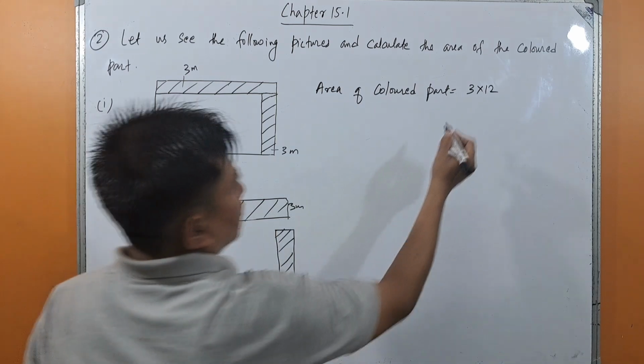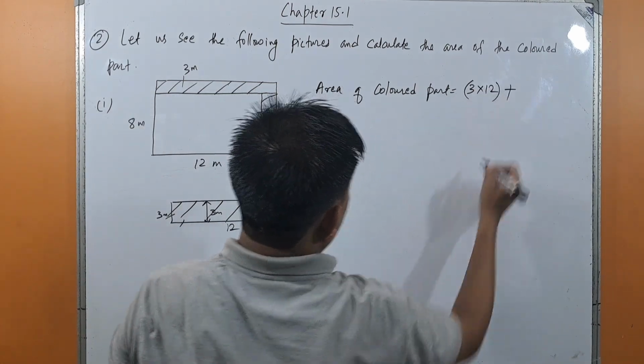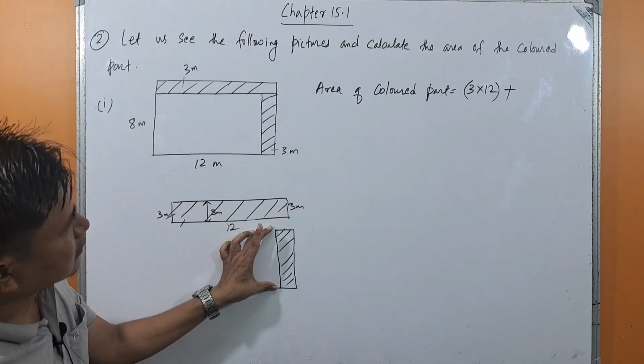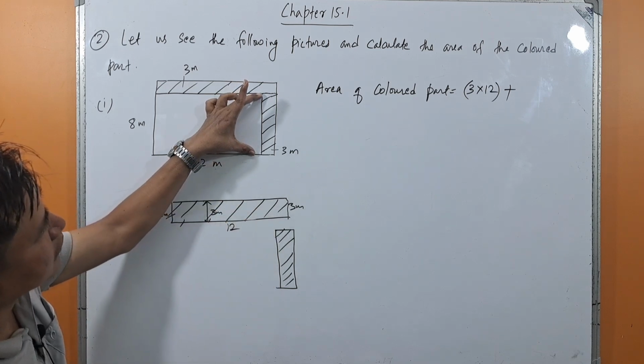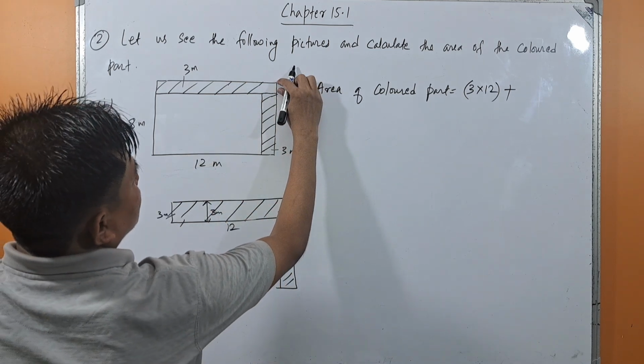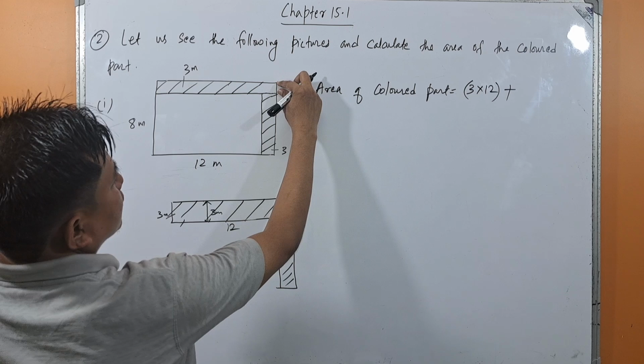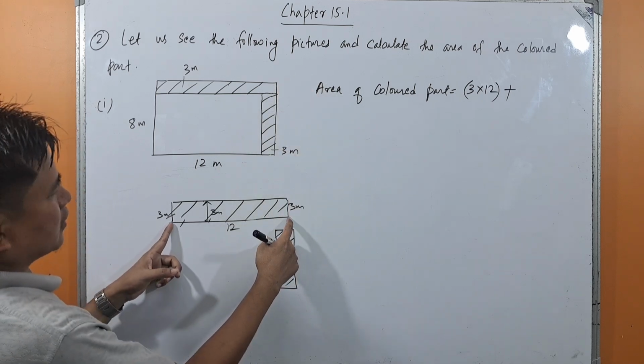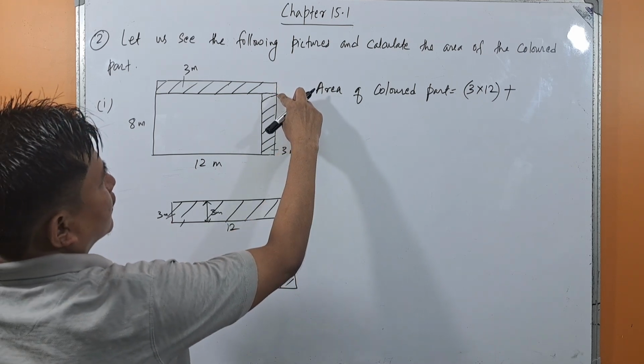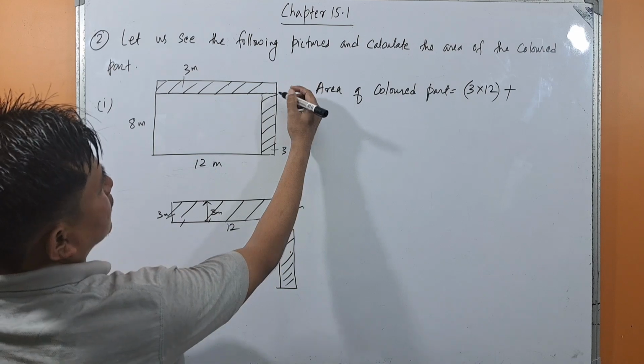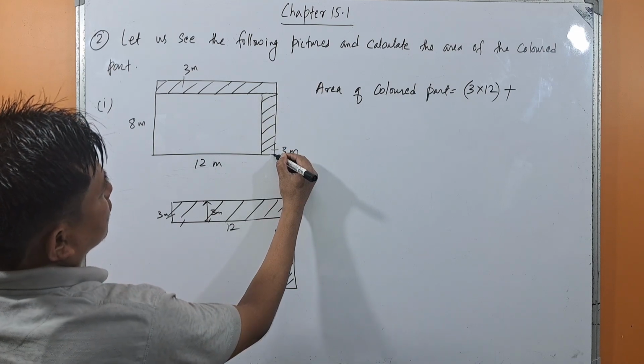Plus the area of this figure, isn't it? So when we find the area of this figure, this area has to be subtracted because we have already calculated it while finding the area of the other figure. So we calculate the area from this point to this point only.